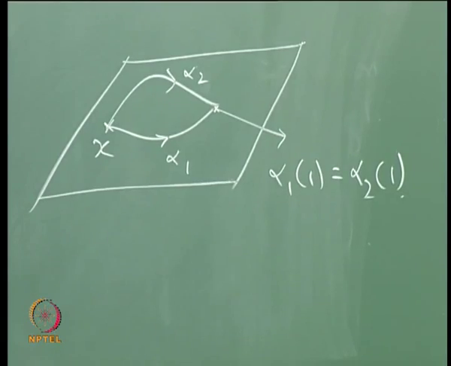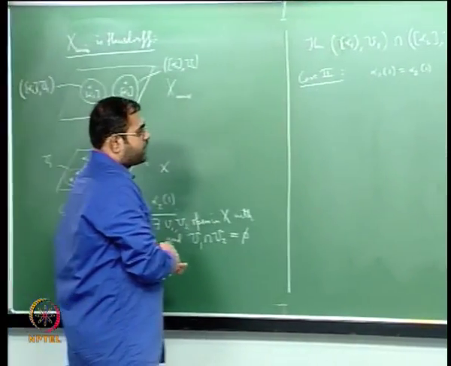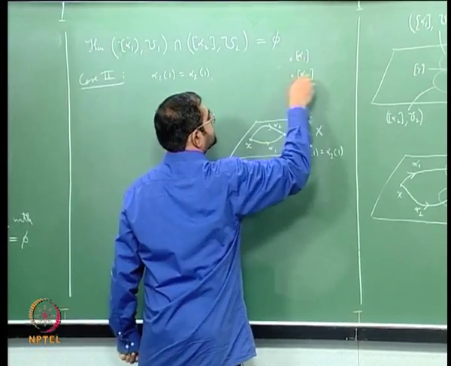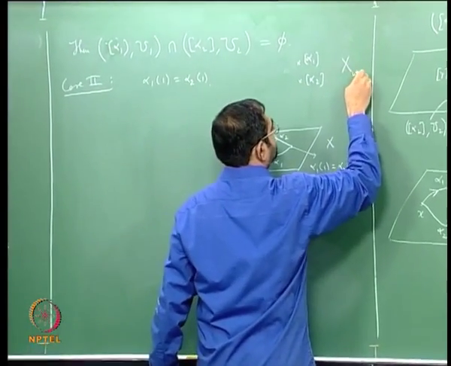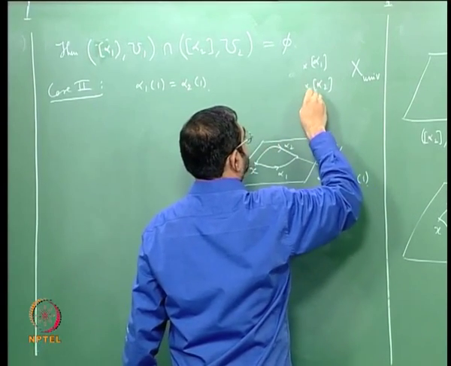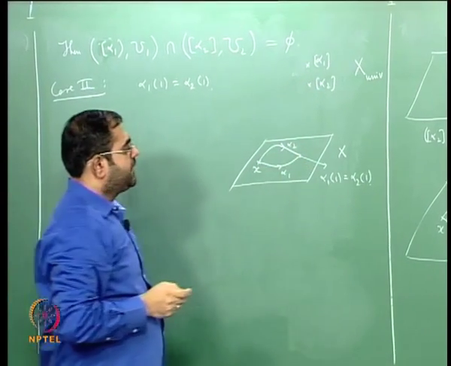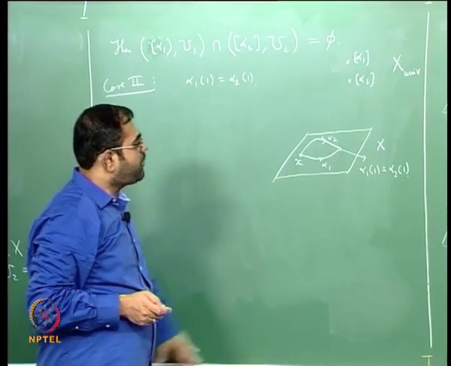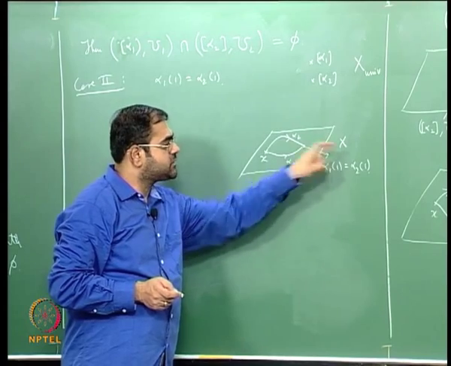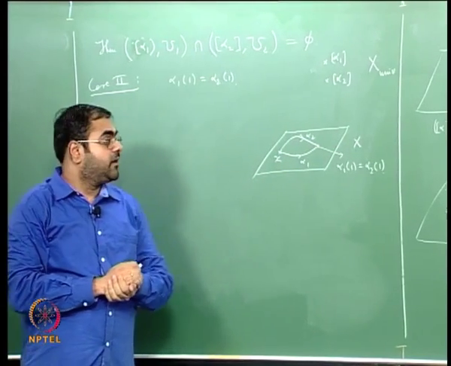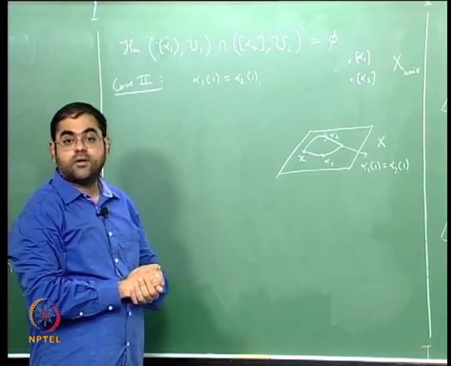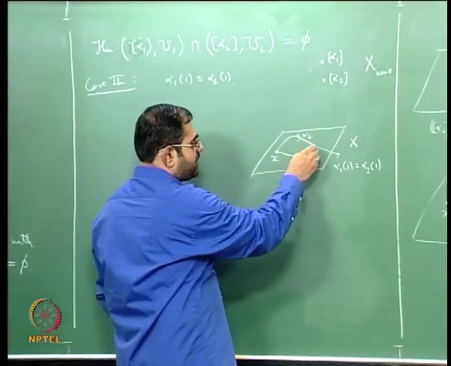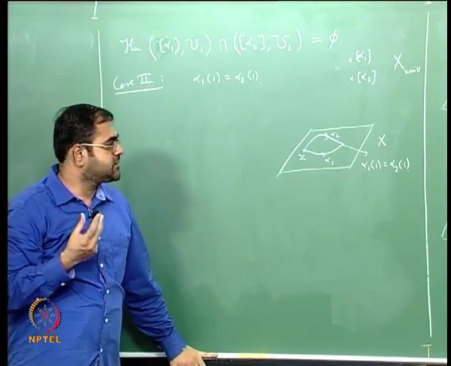So the question is, what do I do? You see, this is in X tilde, this is in X sub univ, and both of these points are going to this point, which is the endpoint of alpha 1 as well as of alpha 2. What we need to use now is the fact that X is locally simply connected, so every point of X has a simply connected neighborhood.